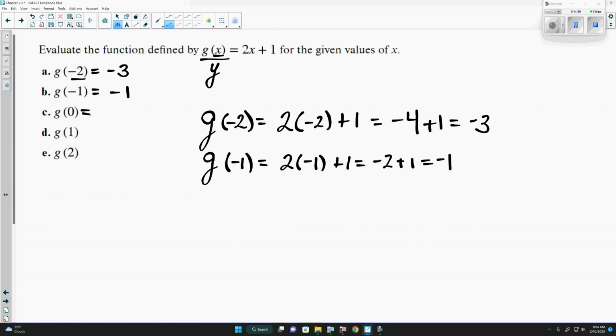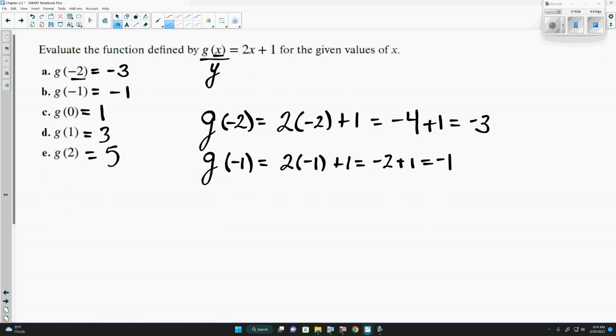Anybody have a guess at what g of 0 would be? 1. This would be 3, and then 5. Because the slope is what? 2. So each time we increase x by 1, y is increasing by 2. That's just slope.